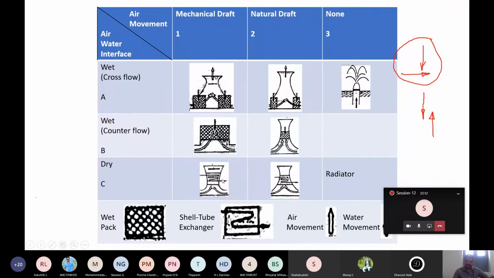Then heat transfer takes place. So that's why it is dry. There will be no direct mixing of air and water. Here you are using a fan. That's why it is mechanical draft. To create pressure difference, you are using fan. Here you are not using fan. That's why it is natural draft. Again it is dry because water is going to flow through pipe.